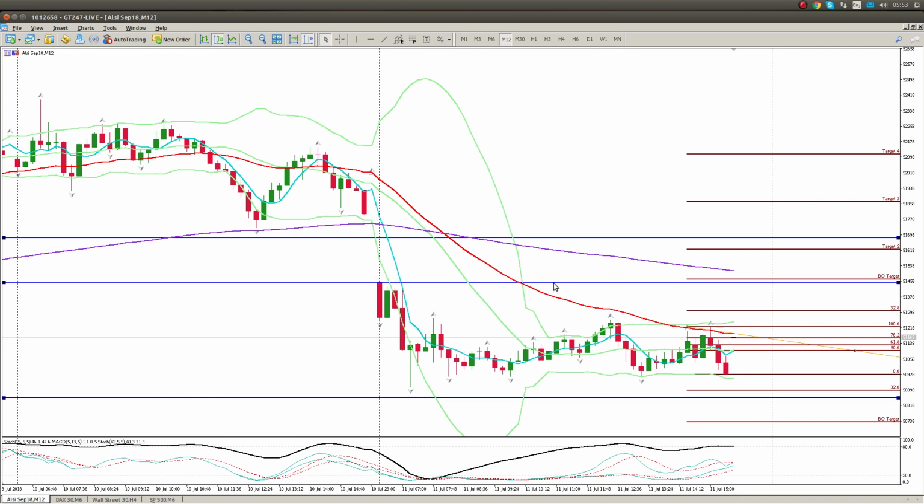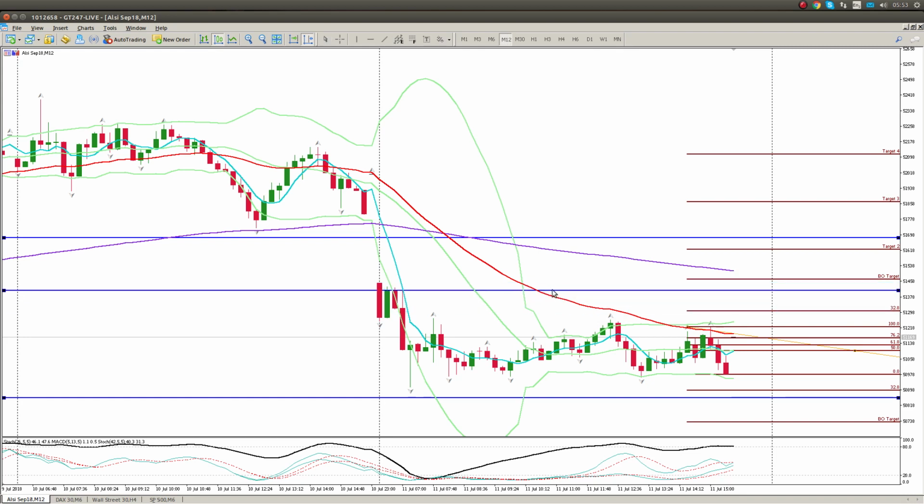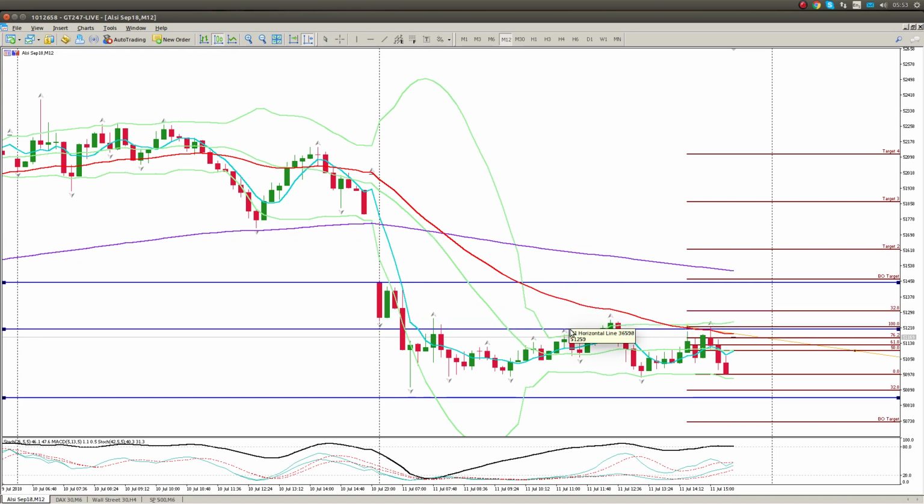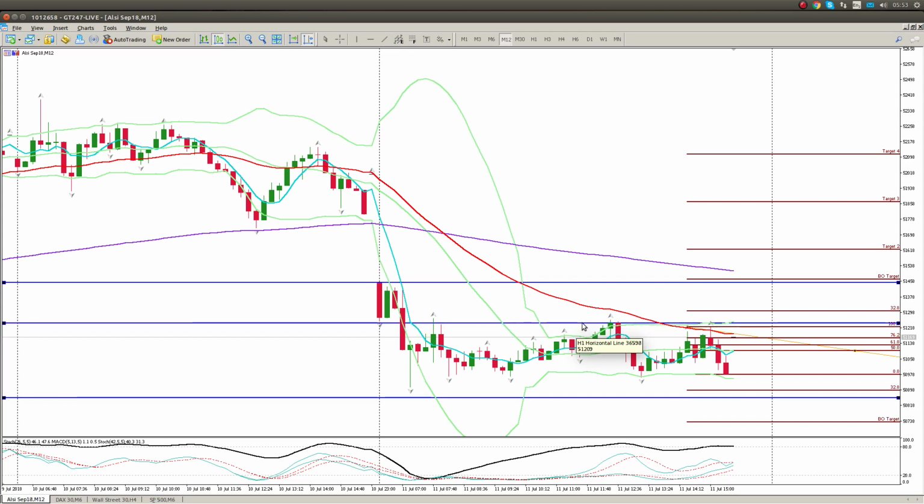So we could actually just argue that that's our breakout target, but let's be conservative here. We're looking for a break above this level on the 12-minute. This high here is 51,240.